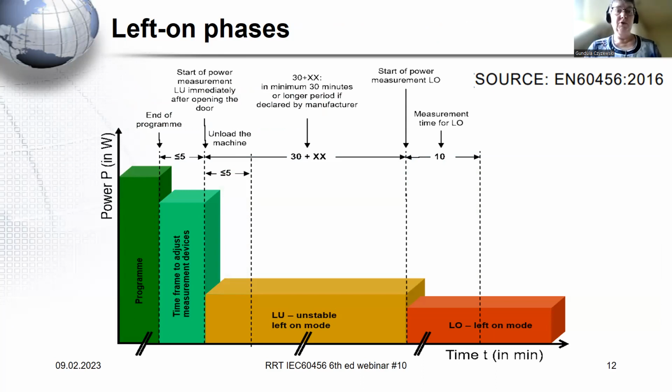So after the end of the program, you open the door, you adjust your measurement devices, and here a clear hint, this electricity consumption that we measure here is very, very small. So therefore, you need good equipment with a good resolution and possibility really to measure such low power modes.